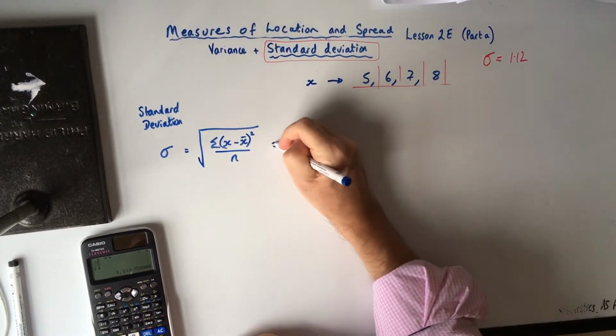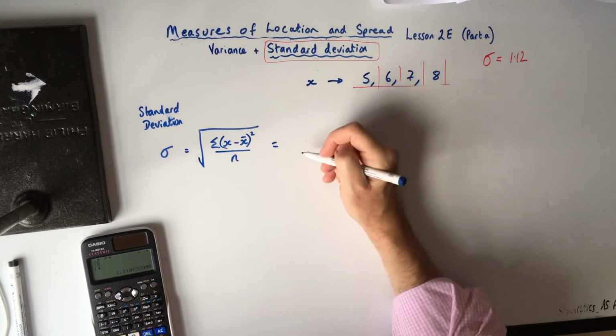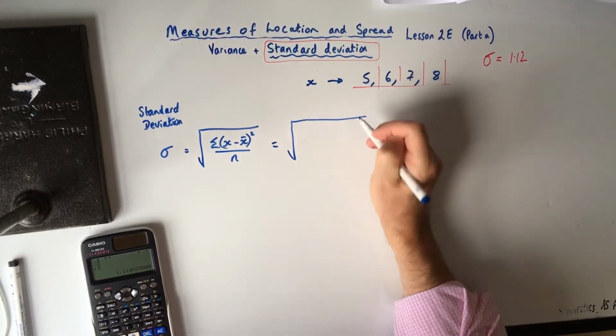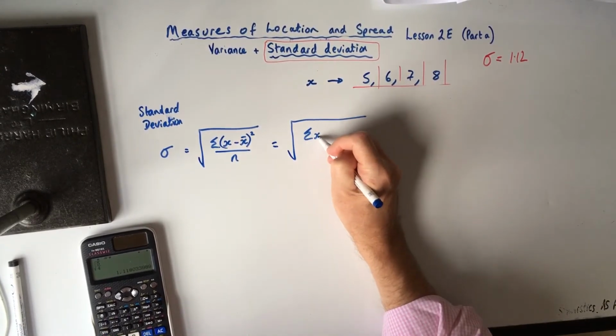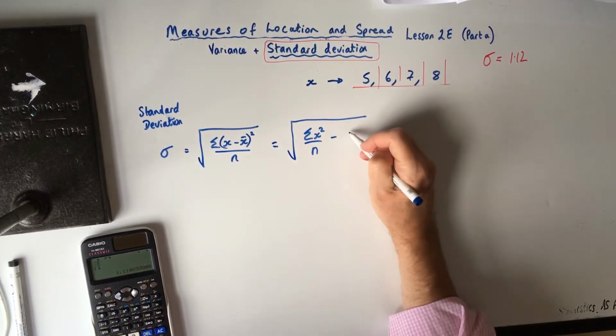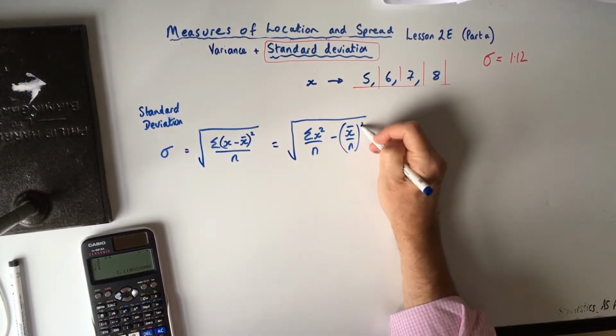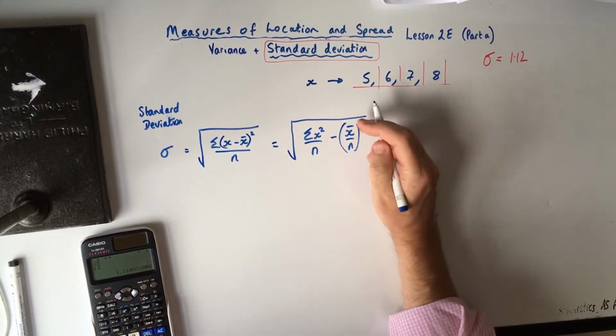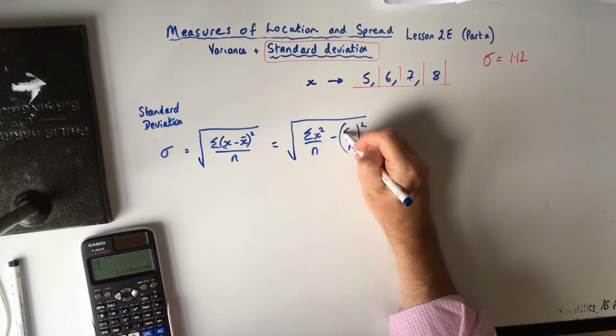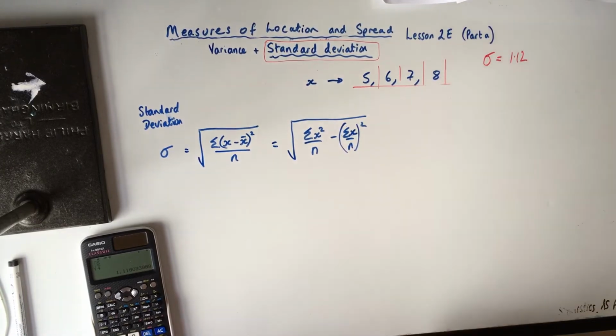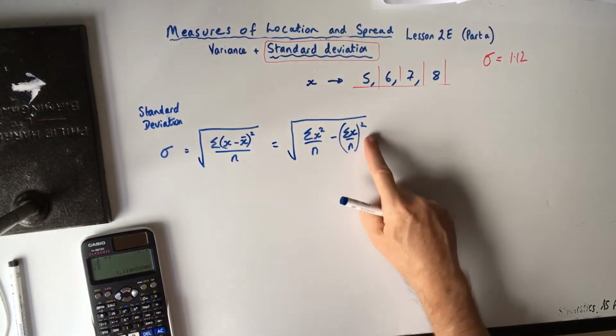It also works the same as that: the square root of the sum of x squared divided by n, minus the mean, the sum of x over n, squared.